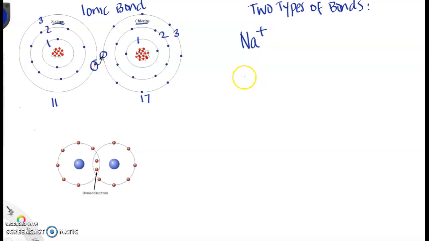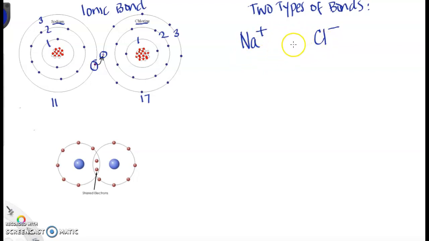It's gone over to chlorine. Chlorine took on that electron, which is negative, so now it's negative. Sodium is a positive ion, and chlorine is a negative ion. Sodium is the cation, chlorine is the anion.